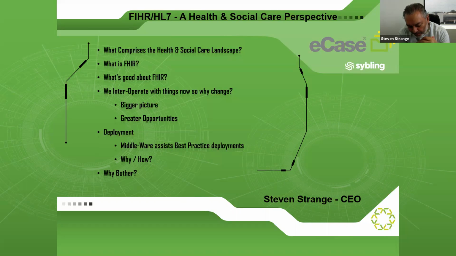We're really big fans of it as a protocol, and we want to take it into the health and social care landscape in a really big way. To that end, we see great opportunities and a bigger picture around what it can and can't do for us.